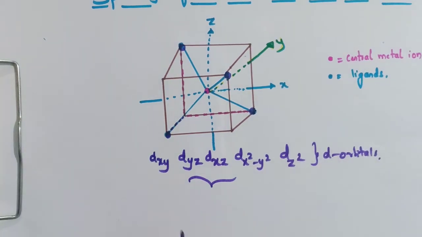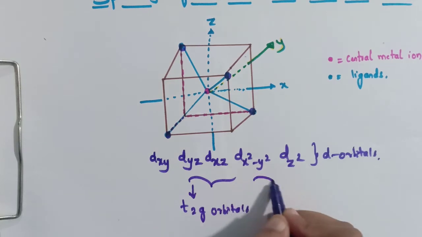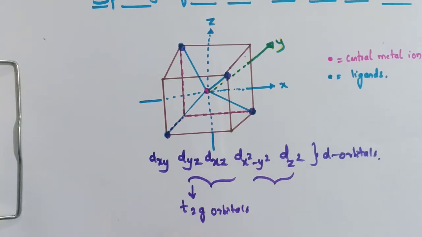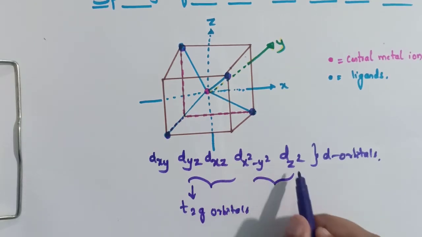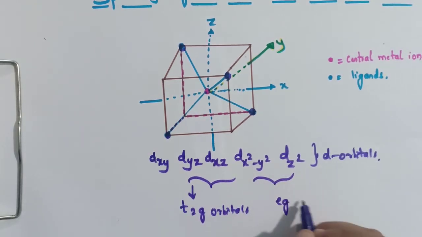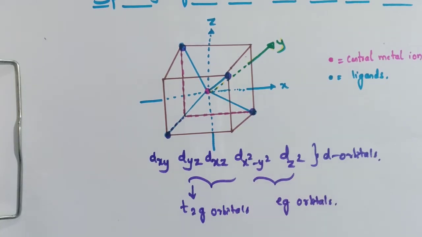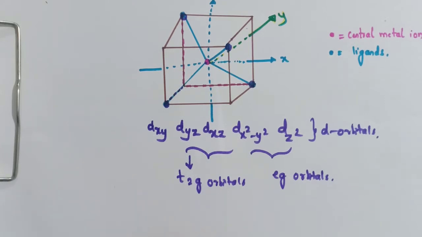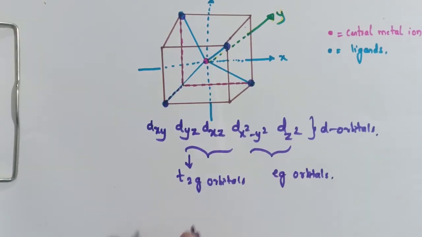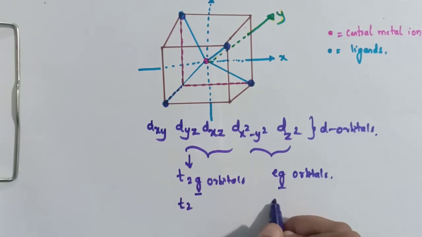Here dxy, dyz, dxz are t2g orbitals, that means triply degenerate orbitals, whereas dx square minus y square and dz square are eg orbitals. But in the tetrahedral complexes we should not mention this g, we should just mention t2 and e orbitals like this.